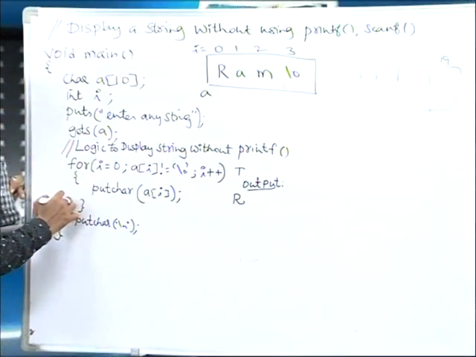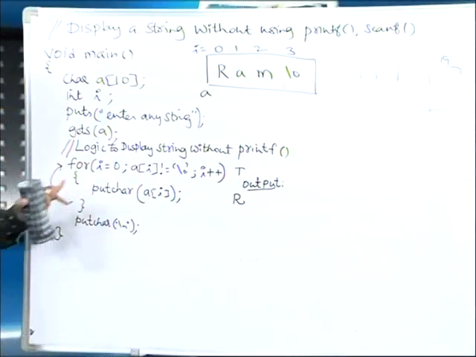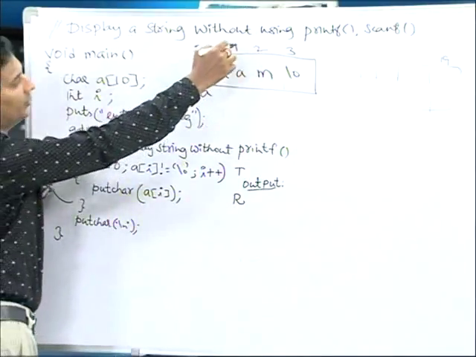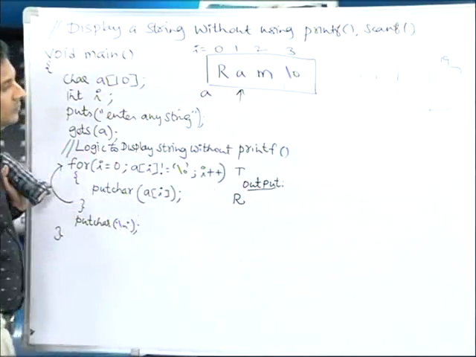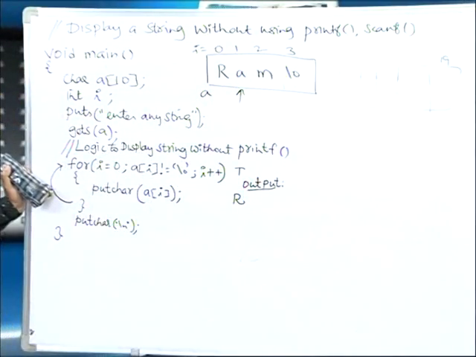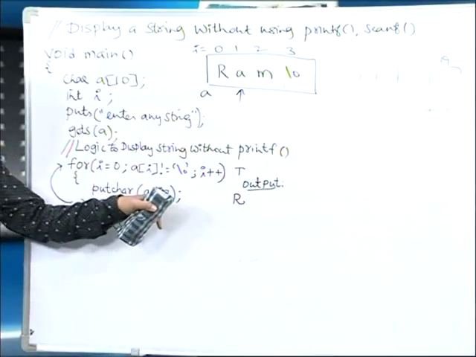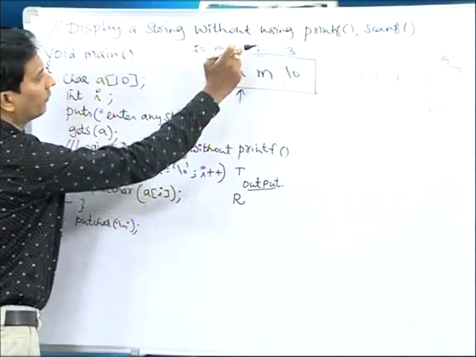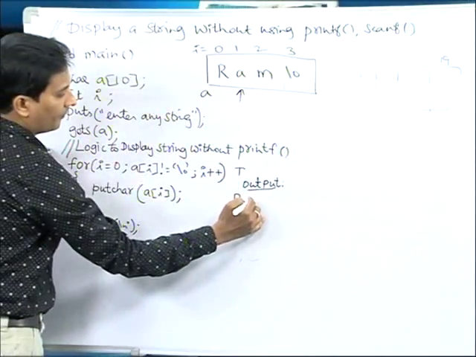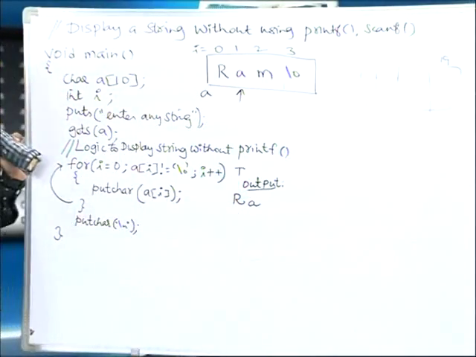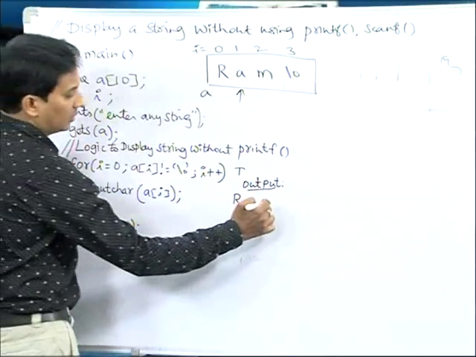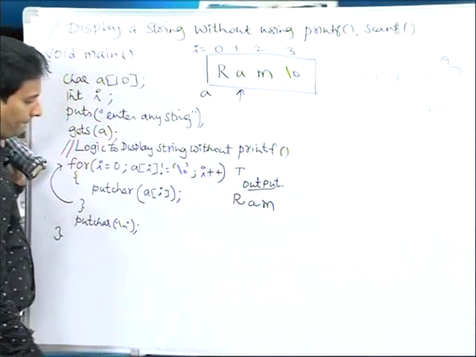Next iteration, I plus plus means I becomes 1. Next putchar of A of 1, that is A. So next iteration, Ram.